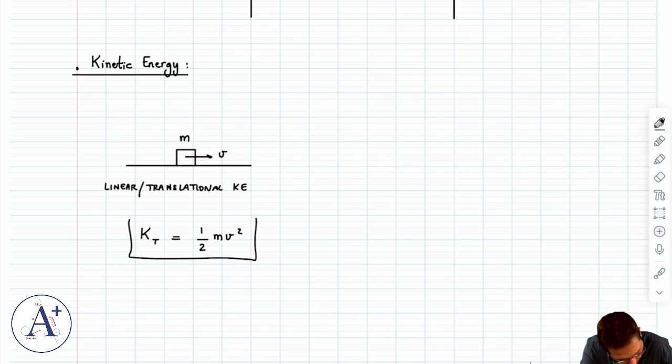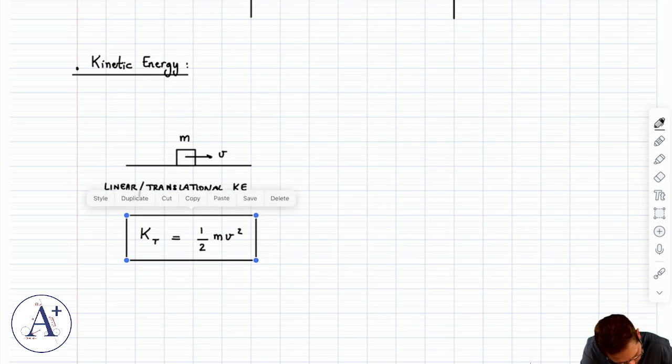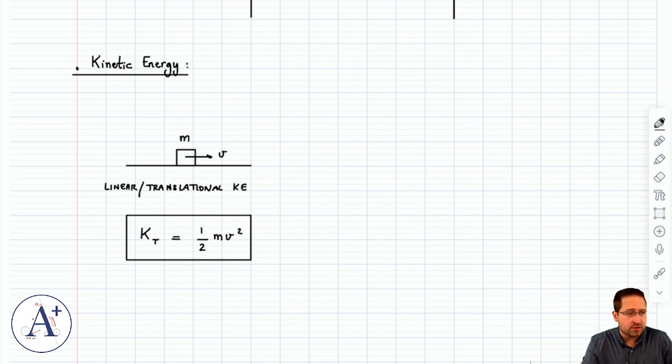Nothing new there. We've known this forever, or ever since we've defined kinetic energy anyway, and that's because we only had one type of motion, which is translational motion. Like the block has a specific shape, and every point of the block that you can imagine moves to the right with speed v. So that's translation. It's translational motion. The whole block translates from left to right.